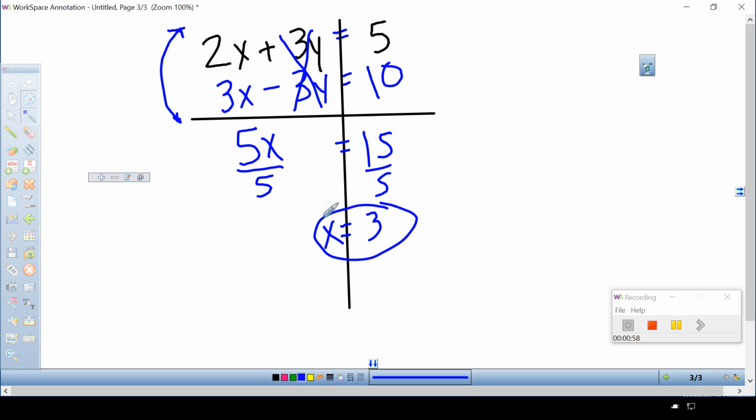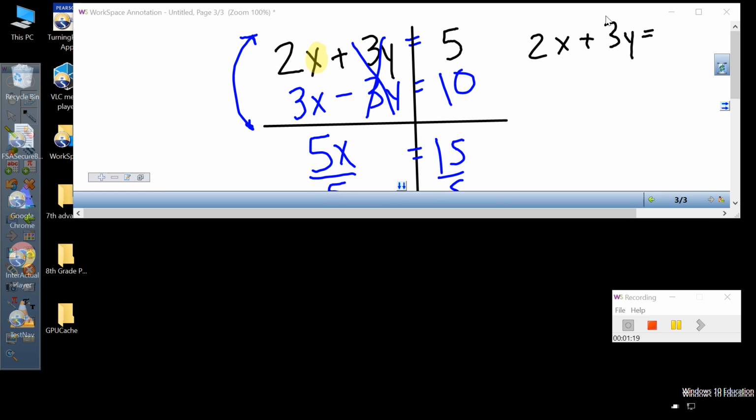Well, now that I know that my x is equal to 3, I can take it back in and plug it into one of my original equations to find out what y is equal to. So I'm going to rewrite this equation up here as 2x plus 3y equals 5.